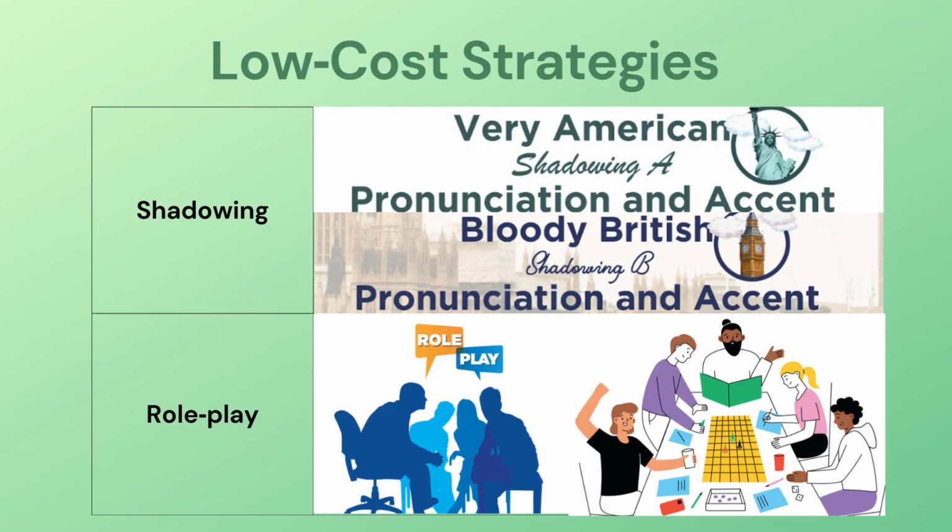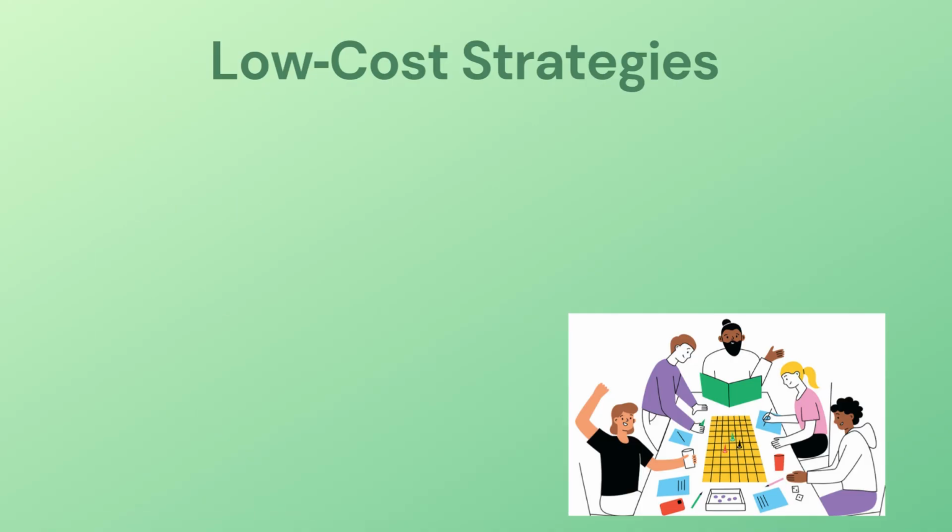Some simple but effective strategies include shadowing, where the student imitates short audio clips, and there are many options on the internet, even with differentiation between American and British English. Another option is role playing or dramatization, which reduces the fear of speaking.